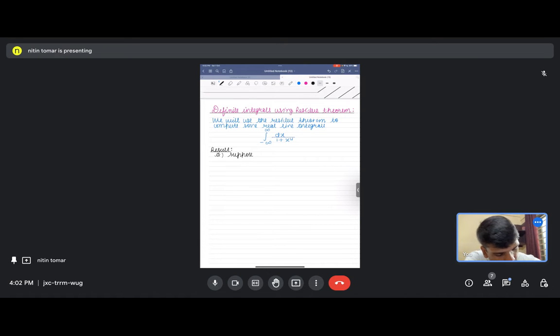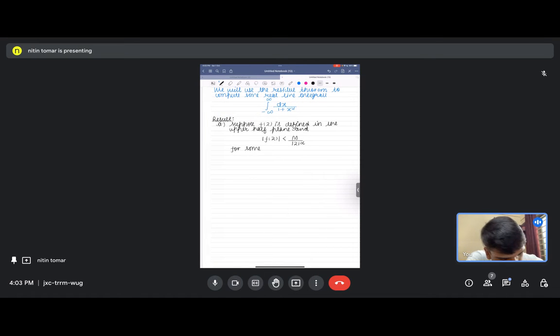Suppose f(z) is defined in the upper half plane such that mod of f(z) is less than M upon mod z to the alpha, for some alpha greater than 1 and M greater than 0, and this happens for all mod z large enough.